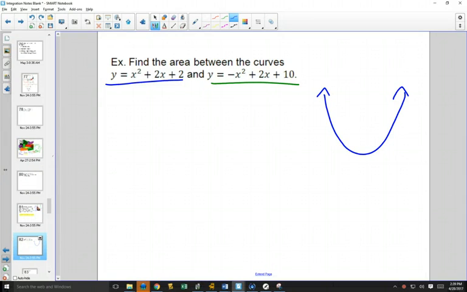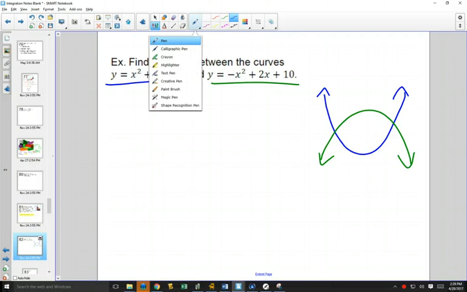We don't know how wide or how narrow, or, well, we could say some things about the width and how narrow it is, but the most important thing from that is that it is going up. And our green one, it's going down.